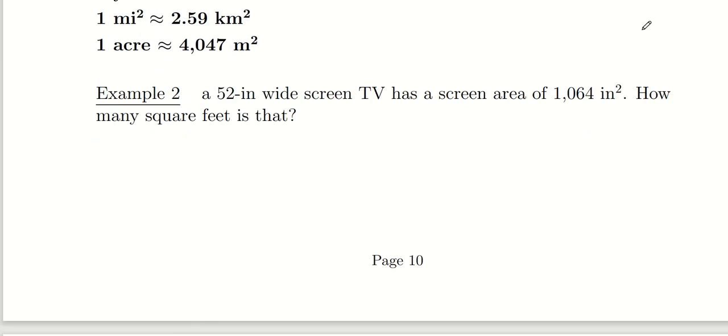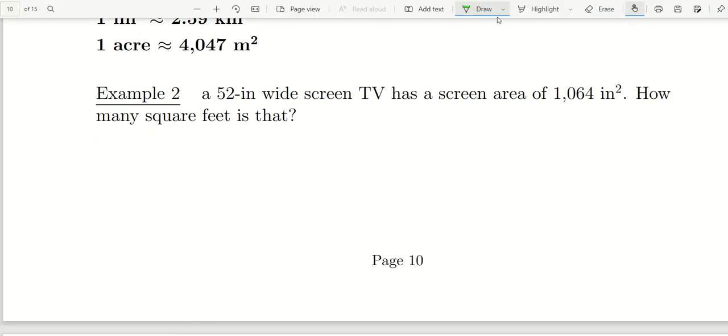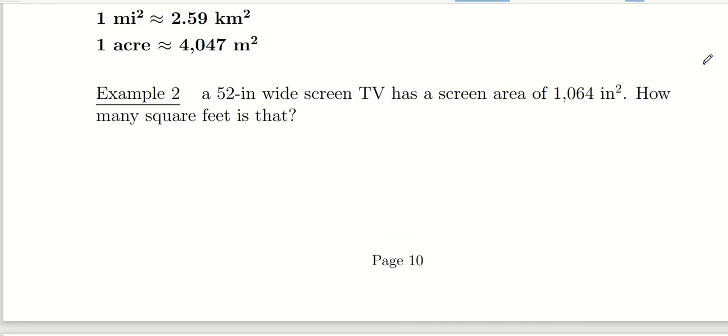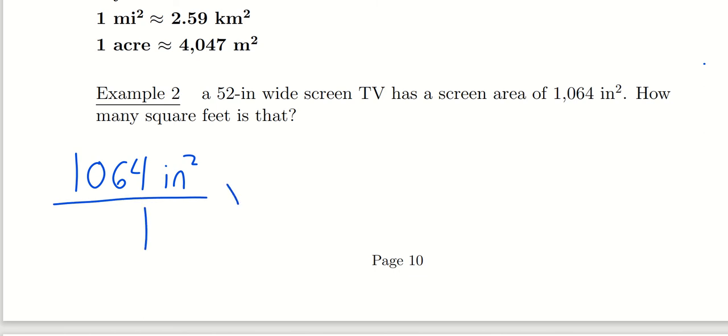In example 2, they say that we have a 52-inch TV that has an area of 1,064 square inches. How many square feet is that? To do this conversion, we're going to do it like we did in the last section. We're going to do a bridge. So I can put my 1,064 inches squared over 1. If I want to get rid of inches squared, then inches squared has to go in the denominator. I want to go to square feet, so that's going to go on the top. The relationship is 1 square foot is 144 square inches.